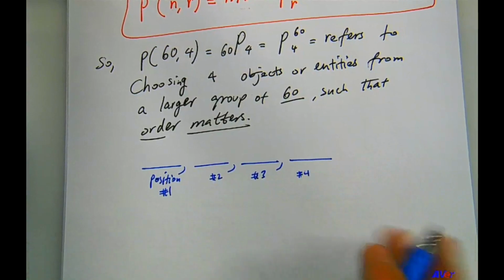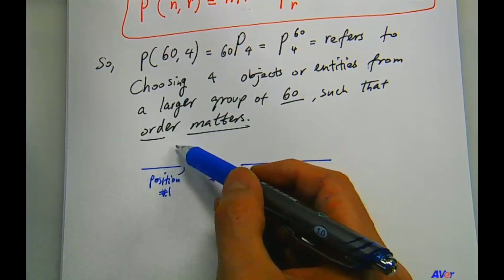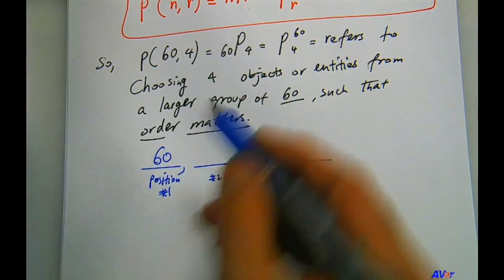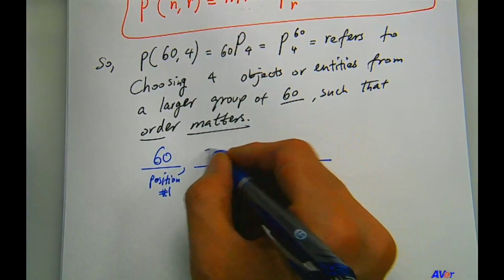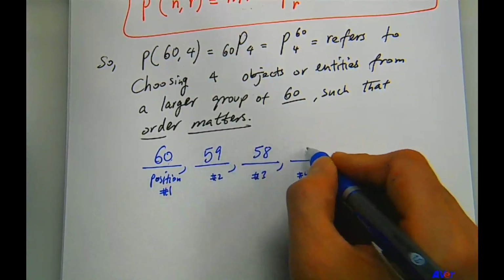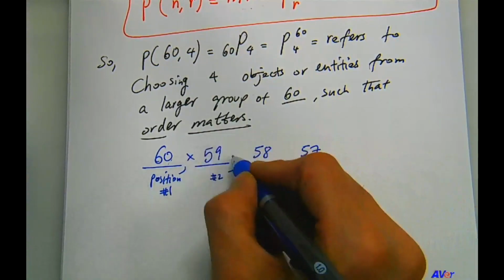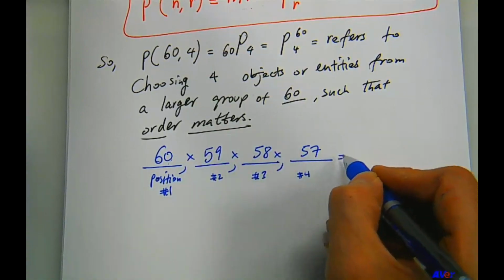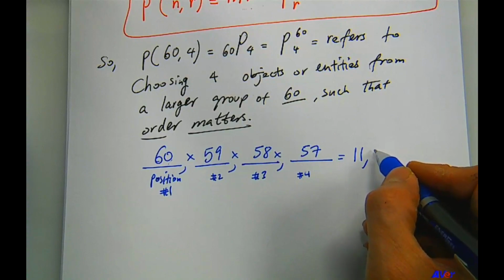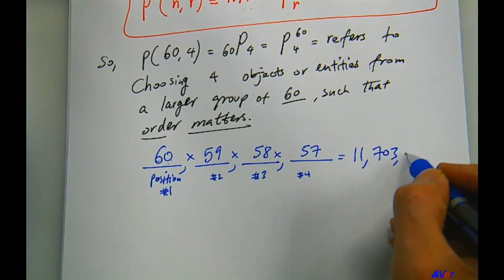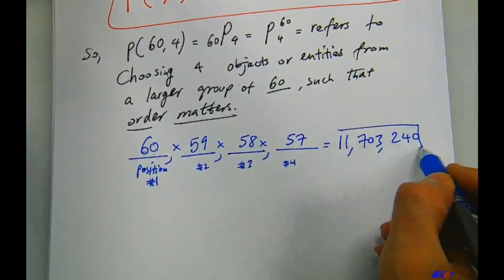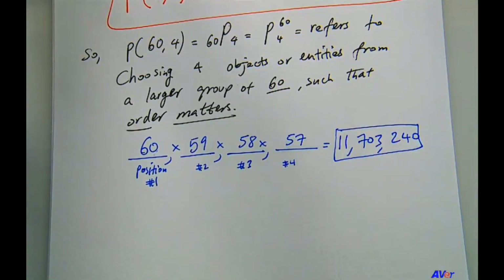How many options do I have to choose for this position? 60, right? How many options do I have for this one? Once that one is picked, 59, and then 58, and then 57. So you can multiply these, and you will get 11,703,240.